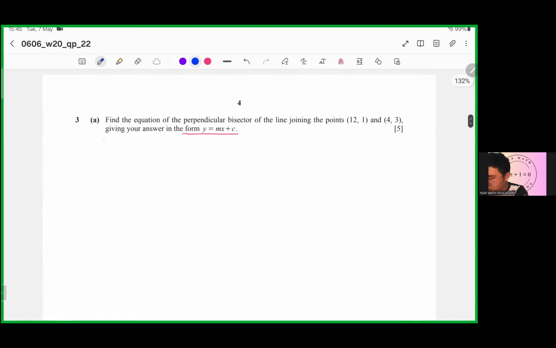First we need to find the midpoint: (12 + 4)/2 and (1 + 3)/2, and here we get (8, 2). Now we can find the gradient.